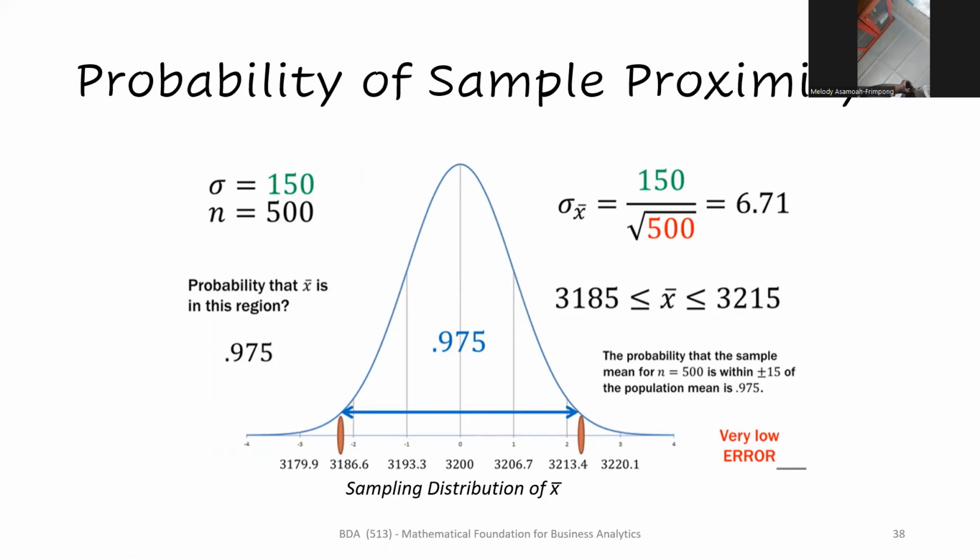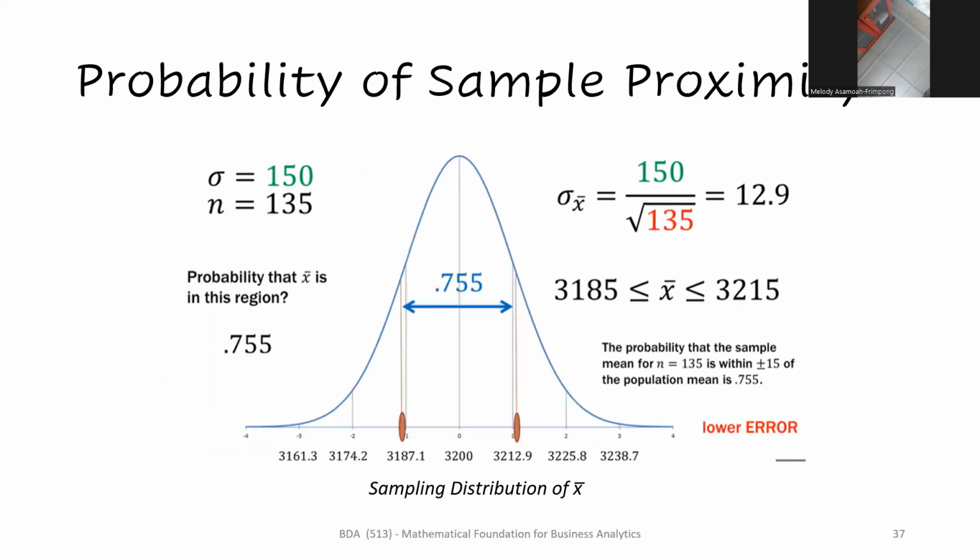I'm working out the previous one and I'm not getting the same ones. Okay, so you're working on this one? The 130, yes, please. Okay, so let's go through it together. For the Z upper, I did 3215 minus 3,200 over 12.9.